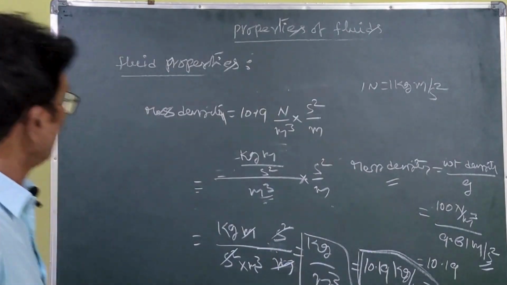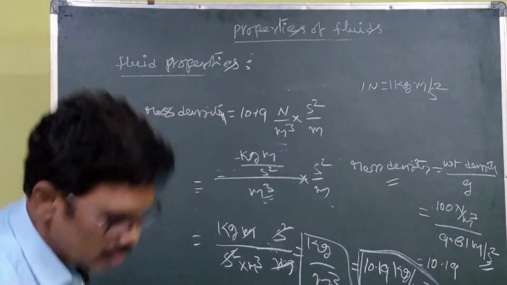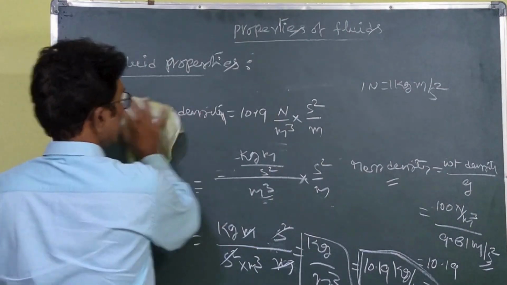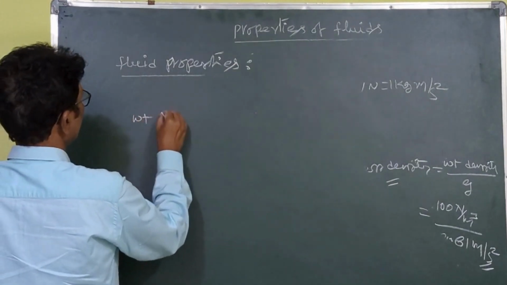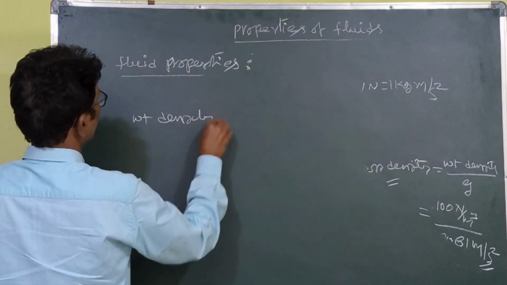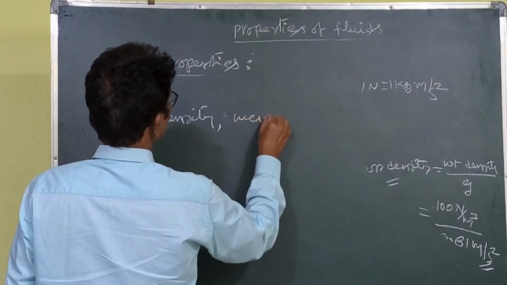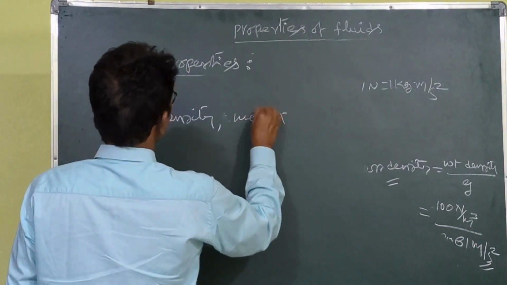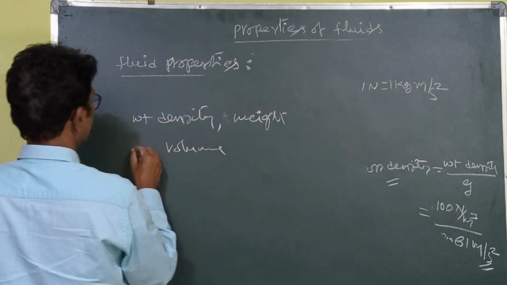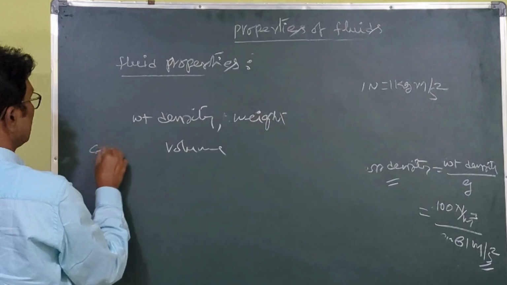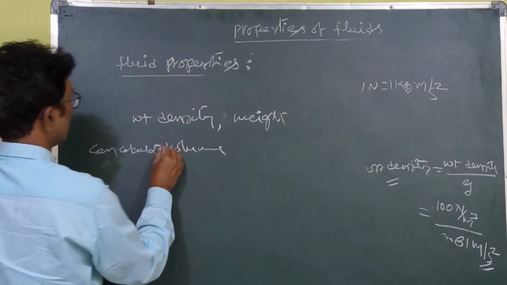In this mass density and weight density, if you know the weight density and the weight of fluid, we can calculate the volume.